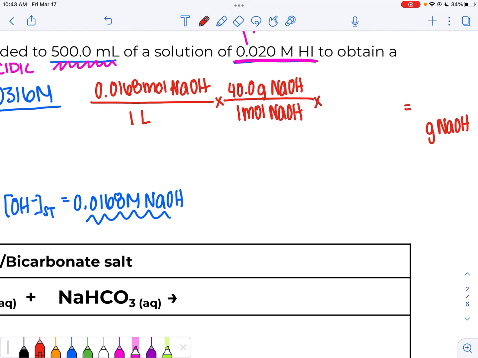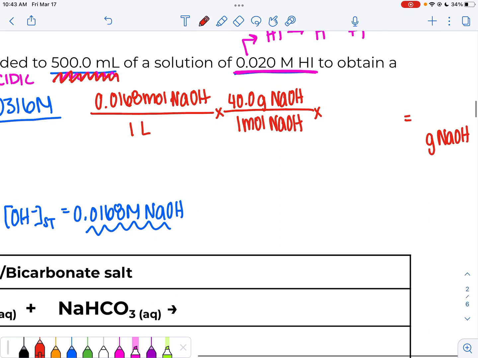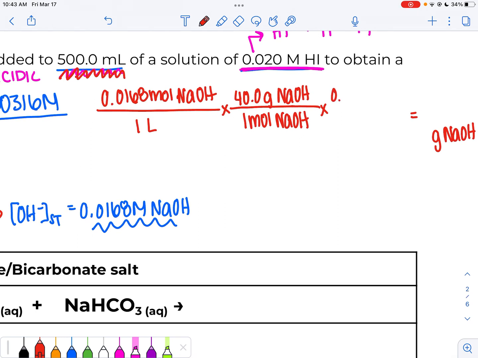All right, but I just need grams. I still have that pesky liters to deal with. Oh, but wait, I know how much volume my final solution has. It's 500 milliliters. So I will have 0.500 liters of solution.